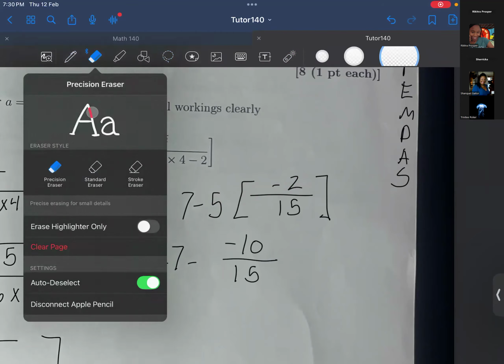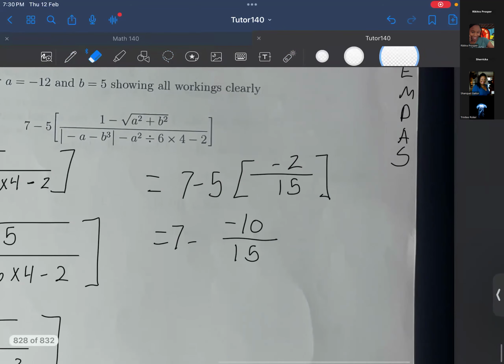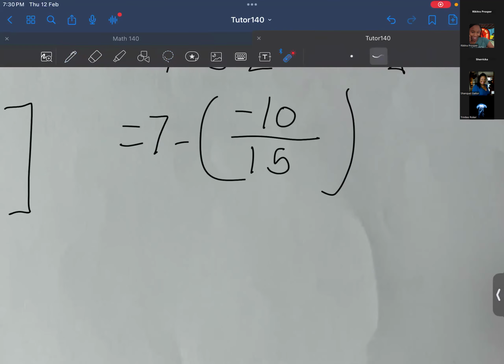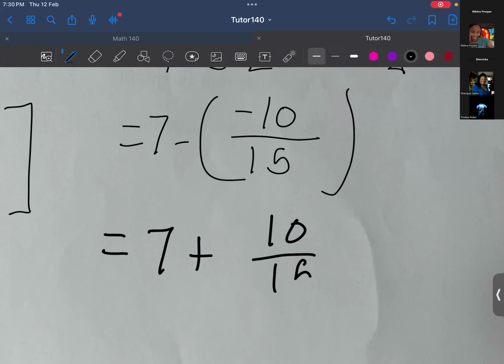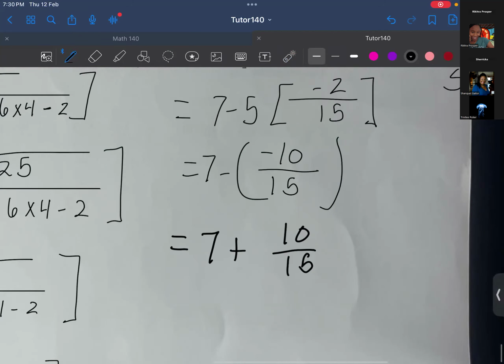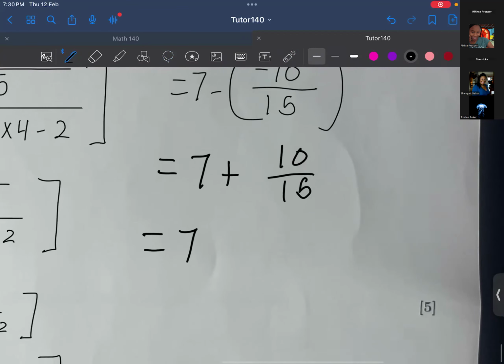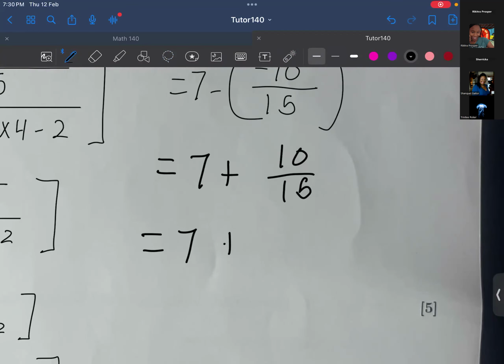So that'll be 5 minus negative 10 over 15. And you see, those are two negatives. Remember, negative times a negative is a positive. So this would be 7 plus 10 over 15. And we can simplify the 10 over 15. 10 over 15, both divided by 5 is 2 over 3. So 7 plus 2 over 3.